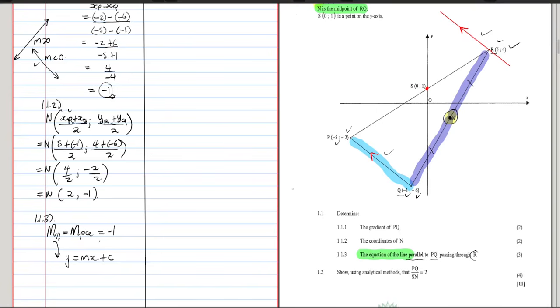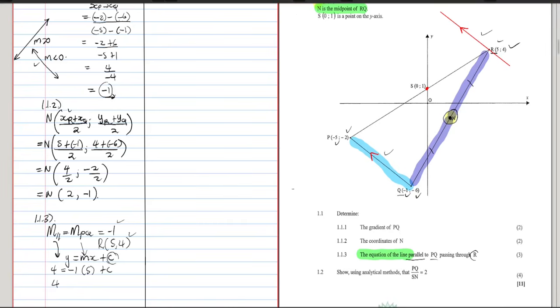All right, so we have R as the point, (5, 4). Now I have m, which is the gradient. I need to calculate c. We're going to substitute the point R as well as the gradient into the equation so that we can work out c. Now y, it's 4, equals gradient, it's -1, times x, that's 5, plus c.